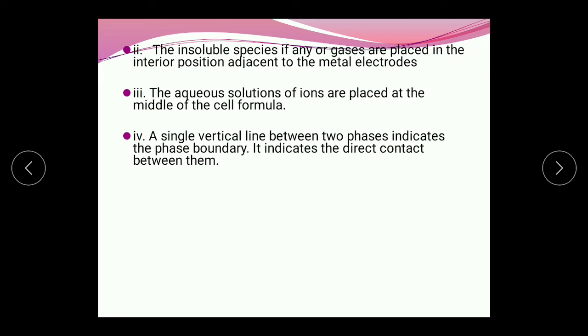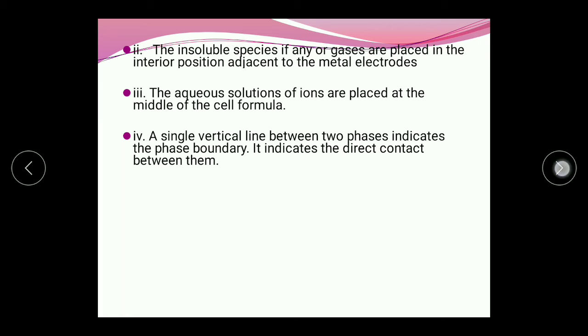The phase is different, but they are in direct contact with each other, and all those things are represented by a single vertical line. That means Zn vertical line Zn plus 2. It indicates Zn is dipped in the ions of Zn plus 2, or Ag vertical line Ag plus. That means we are indicating the direct contact between the metal and its own ions by a single vertical line.